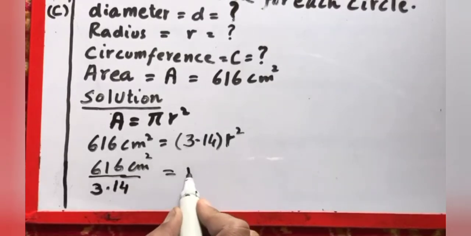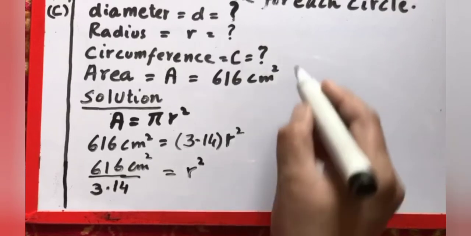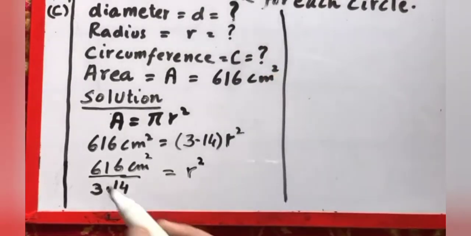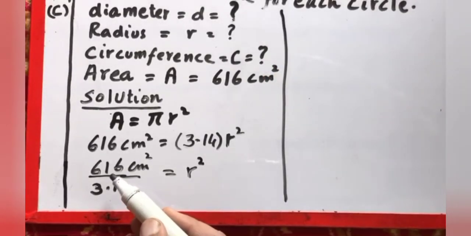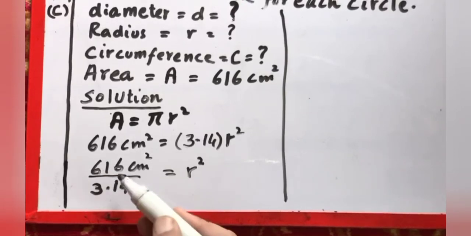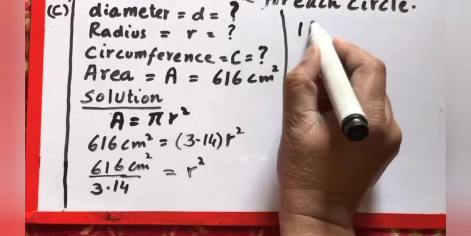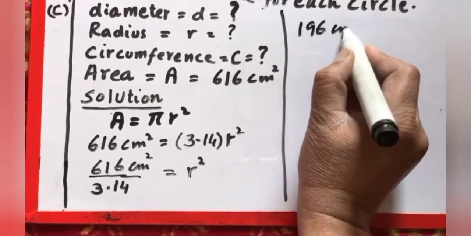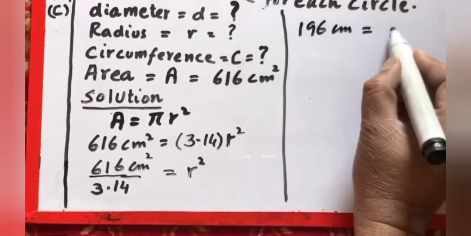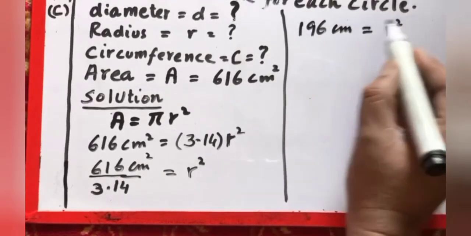Then we will write on the right hand side the r square. So by dividing 616 by 3.14, we will have 196 centimeter square, which is equal to r square.